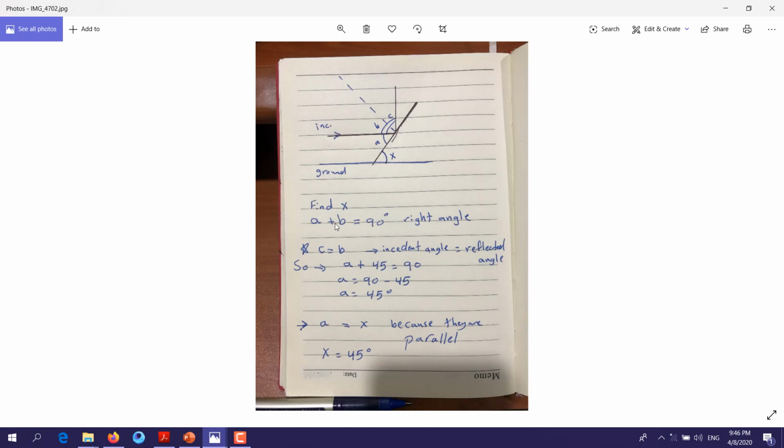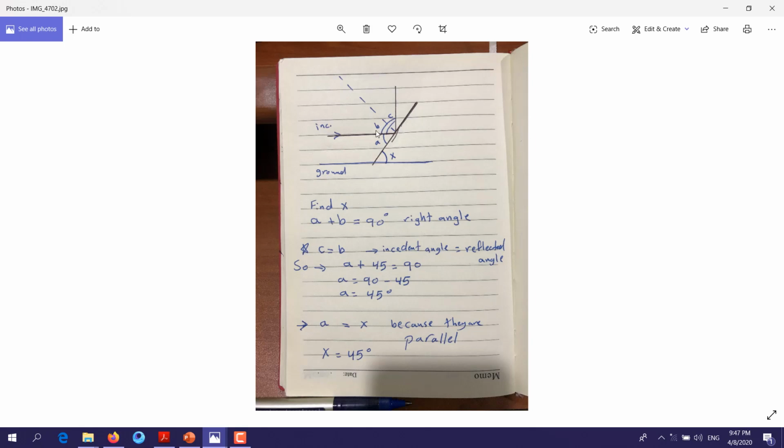Now a plus b equals 90. These angles, a and b, form a right angle, which is 90. Now the reflection law says the incident angle is equal to the reflected angle. What does that mean?